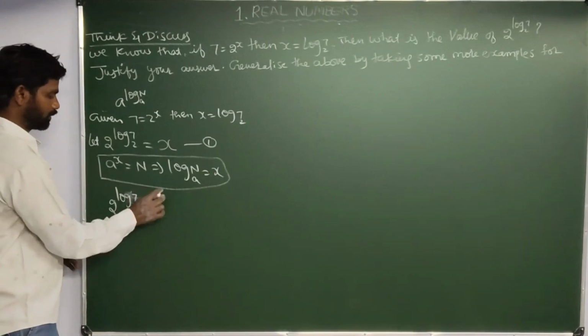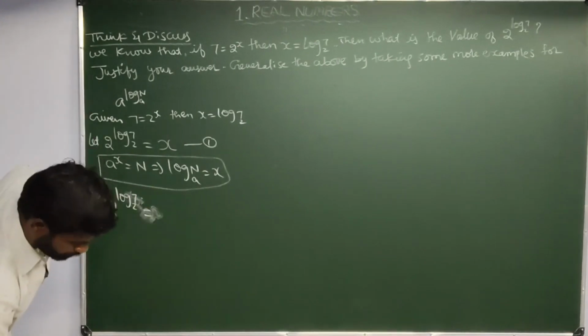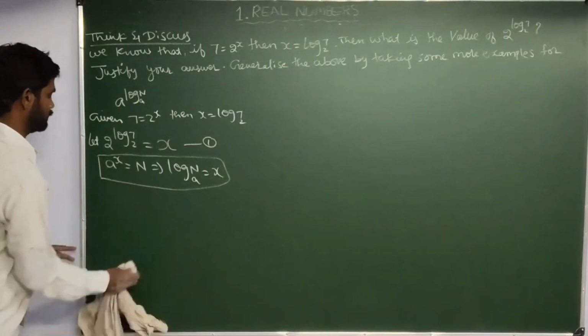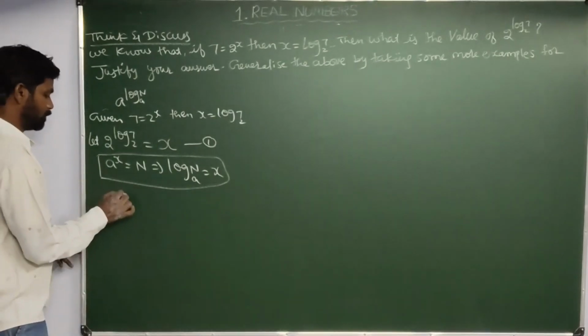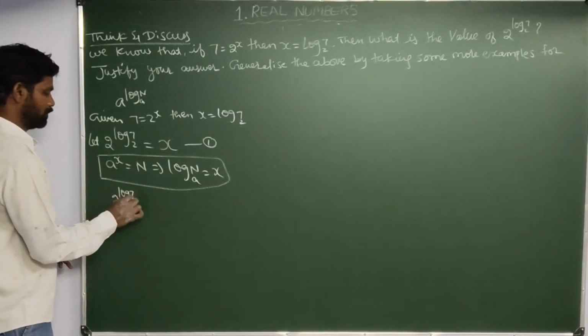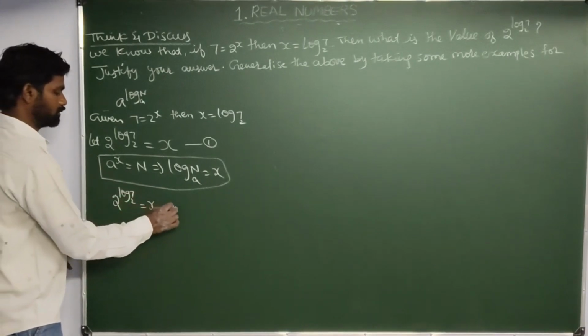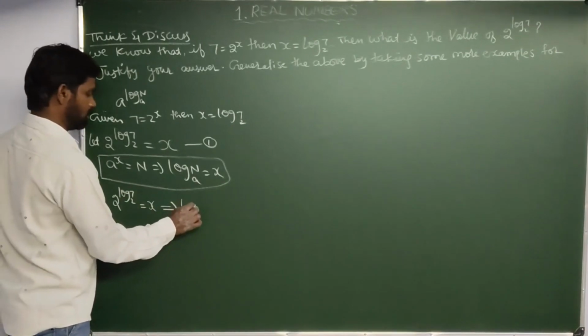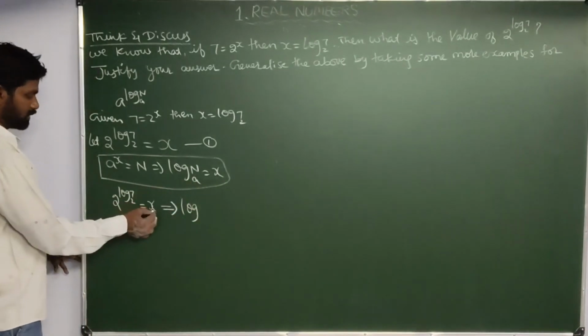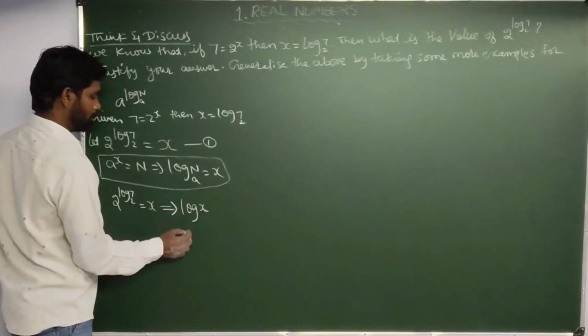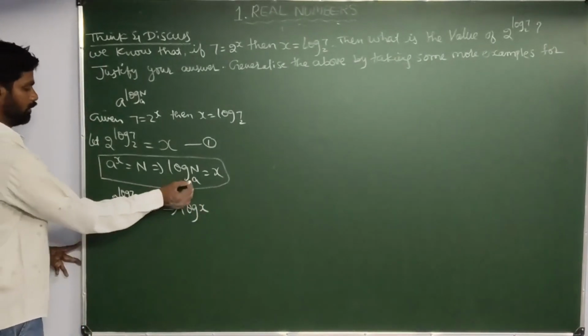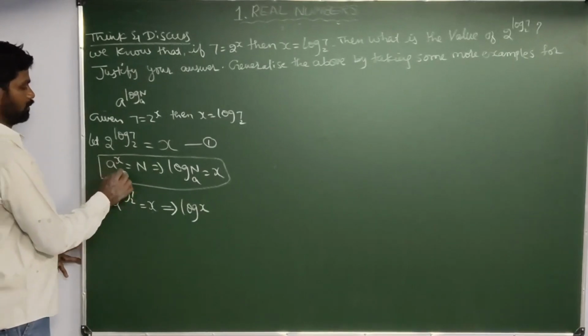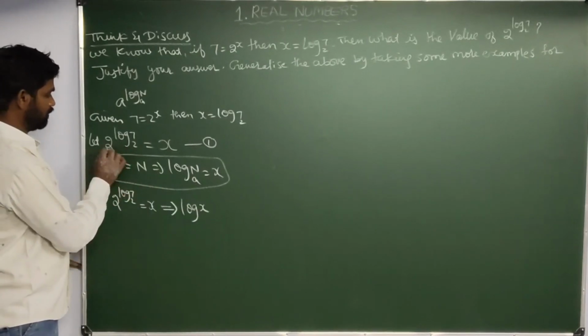n. So in the place of n, 2 power log 7 base 2 is equal to some x implies log n. N value, what is n value? X here. Base a. So what is a value here? A value is 2.